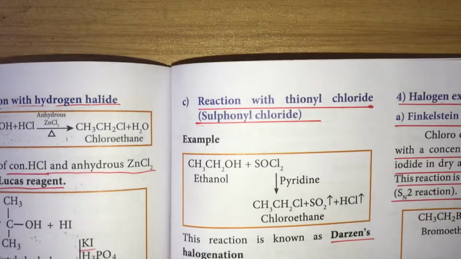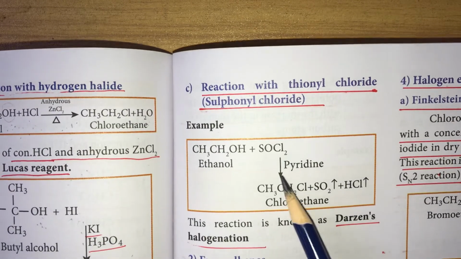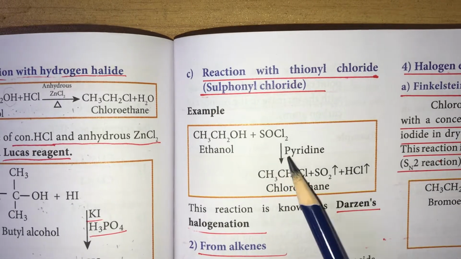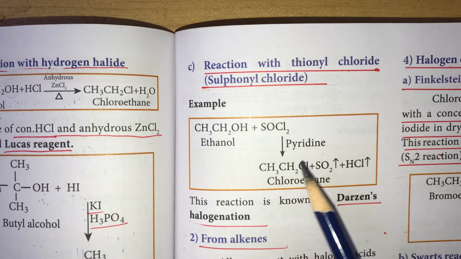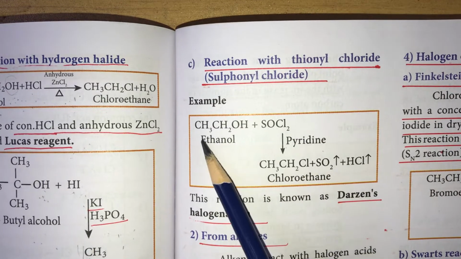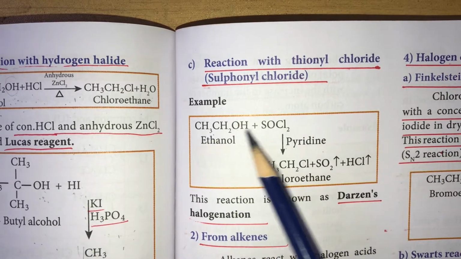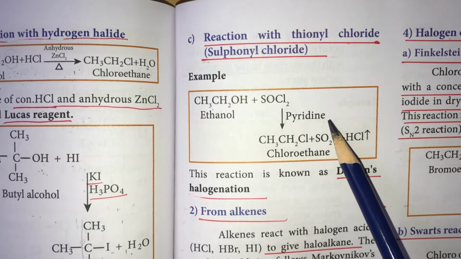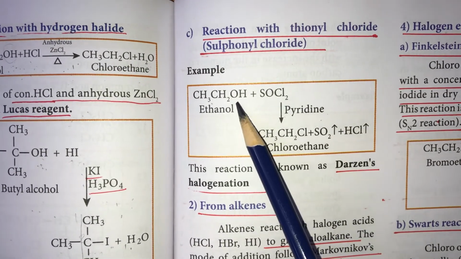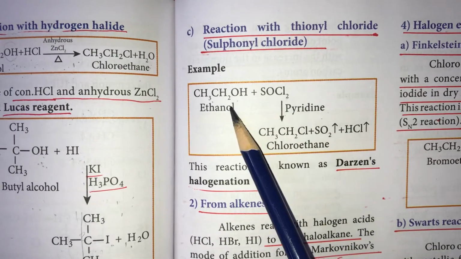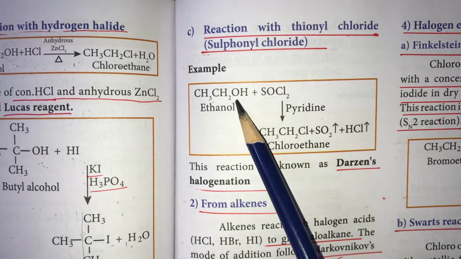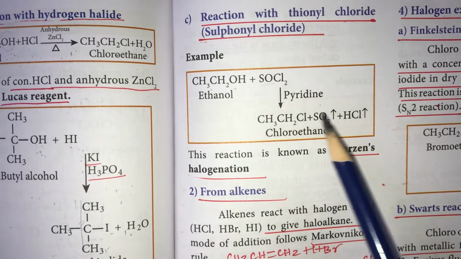Next is reaction of alcohol with thionyl chloride, SOCl2, in the presence of pyridine. Here instead of OH, chlorine gets substituted, and SO and O react forming SO2.